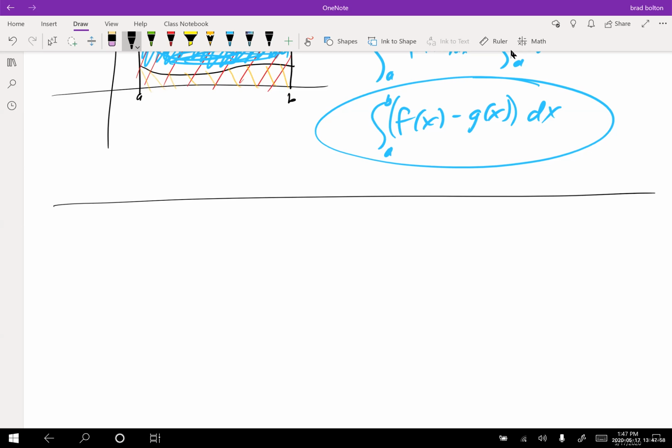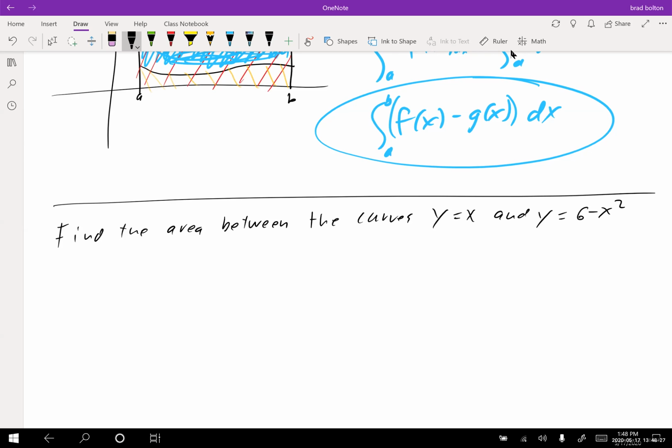So let's take a look at an actual problem. Let's say we have: find the area between the curves y equals x and y equals 6 minus x squared.